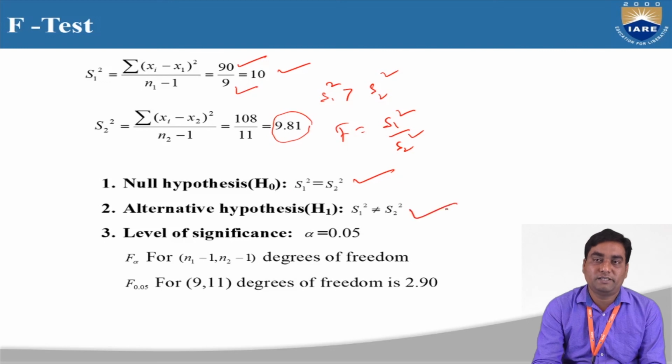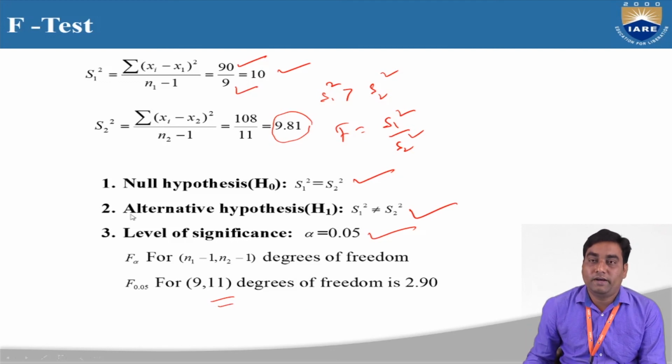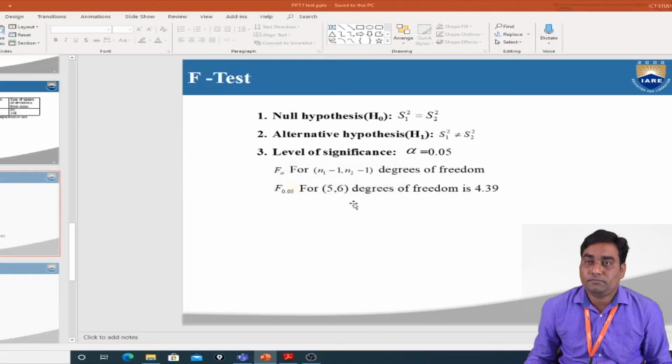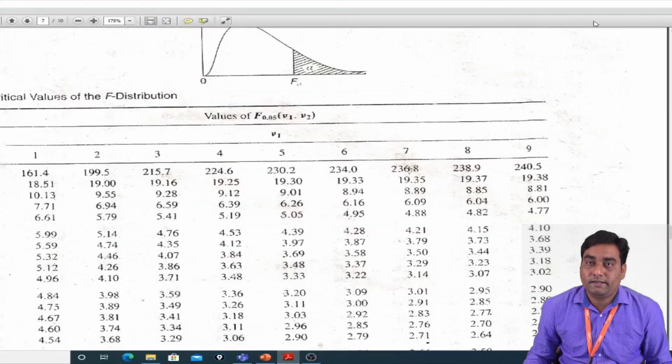The alternative: there is a difference between two variances. Alpha is 0.05. We choose F 0.05 at 9, 11 degrees of freedom from the F distribution table. That value is 2.9.